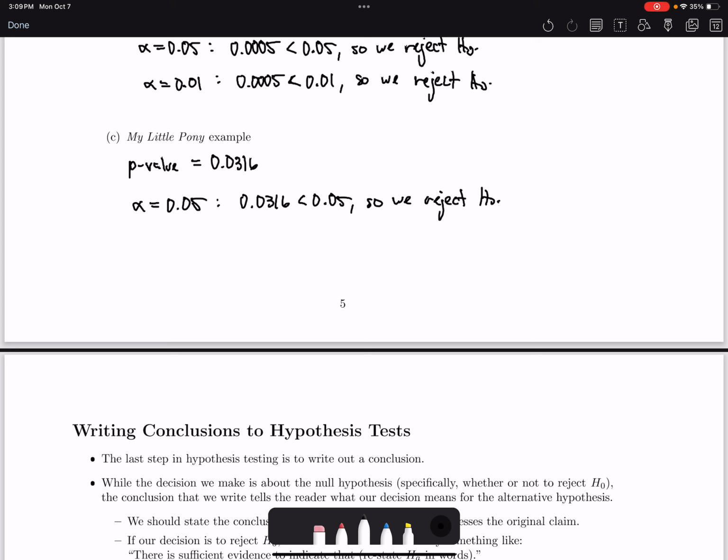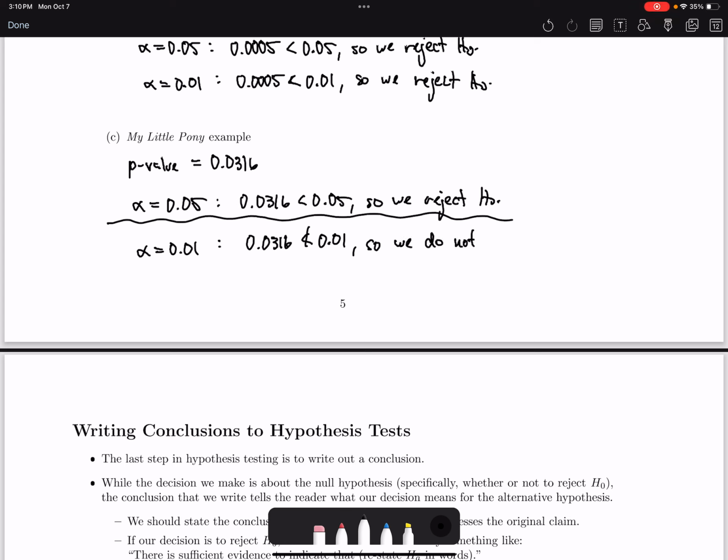But if the researchers had decided to use a 0.01 level of significance, on the other hand, then we would not reject the null, right? Our evidence doesn't quite meet the threshold that we set for ourselves. 0.0316 is not less than 0.01. So we do not reject H null.